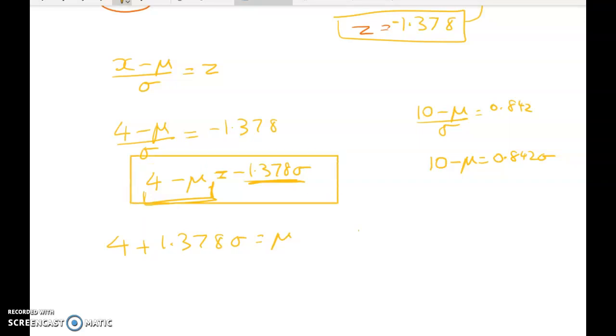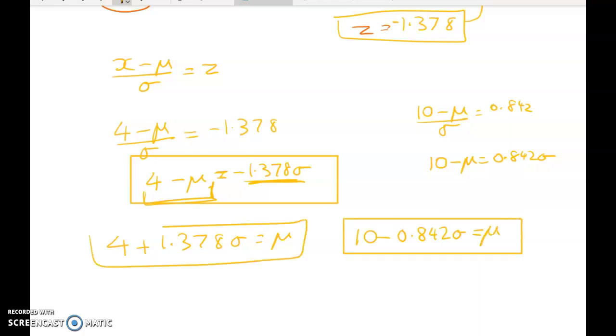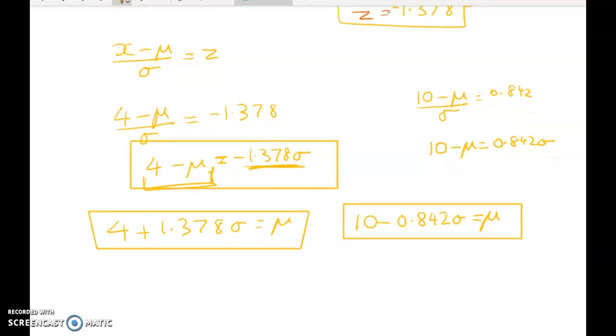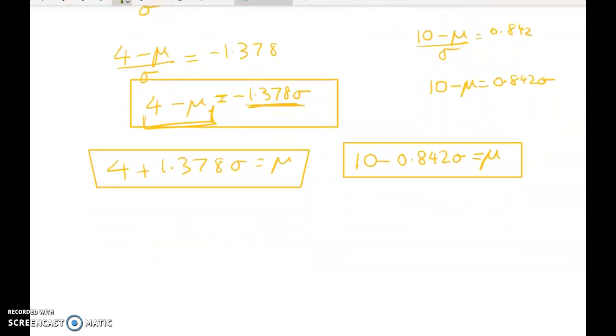And over here, I get 10 minus 0.842 sigma is equal to mu. And that's here, right? So we've got two equations that we're going to solve. We're eliminating mu. We've got 4 plus 1.378 sigma is equal to 10 minus 0.842 sigma.